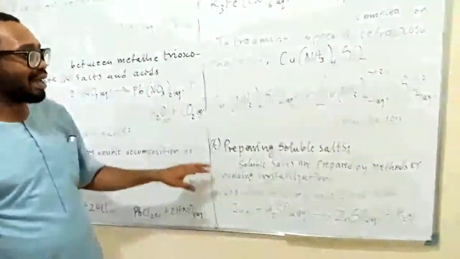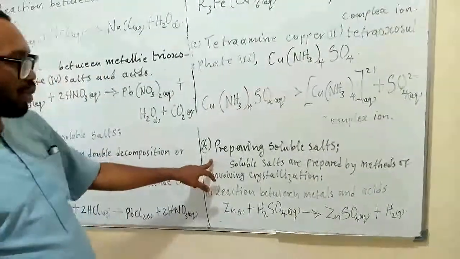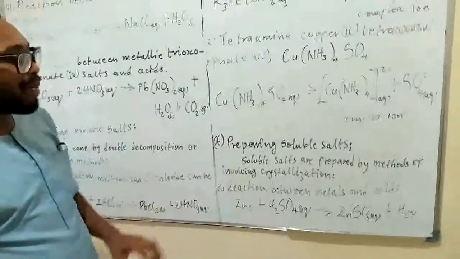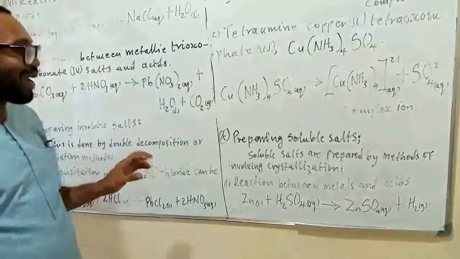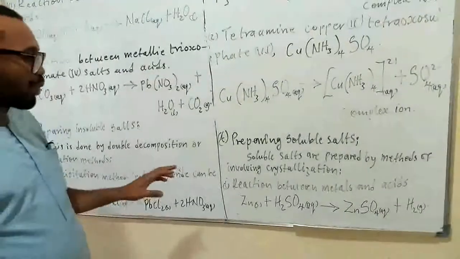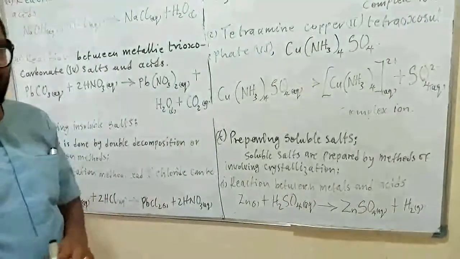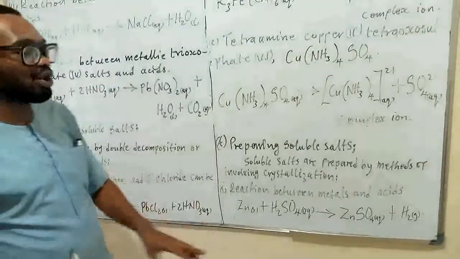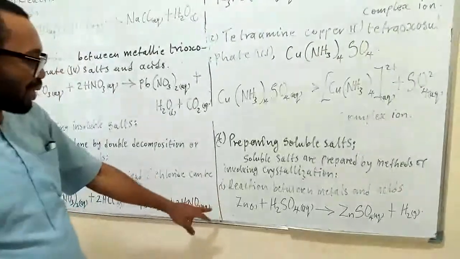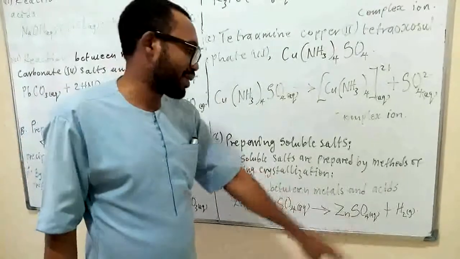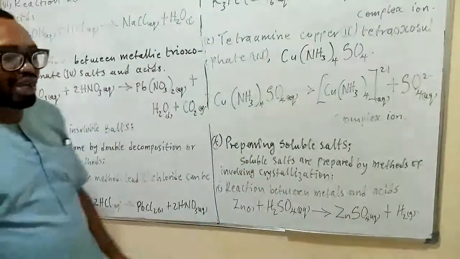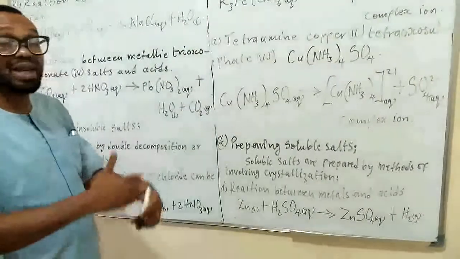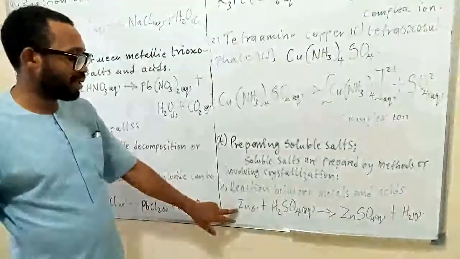Now for the salts that are soluble in water, preparing soluble salt. Soluble salts are prepared using the method of crystallization, and I have highlighted those methods. The first method is reaction between metals and acids. Any of the metals you know. I've picked zinc.